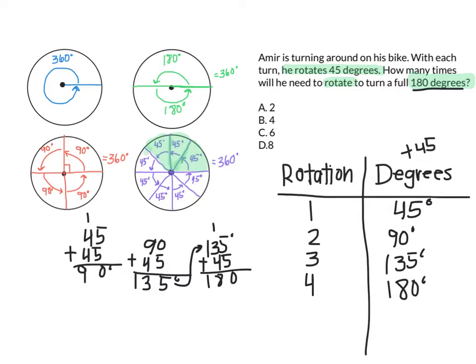This is our fourth rotation. And we're going to stop there because our problem is only asking us about how many times he needs to rotate to turn a full 180 degrees. So we go back to our table. It took us 4 rotations or 4 turns to get to 180 degrees. So our answer choice is 4. Answer choice B.